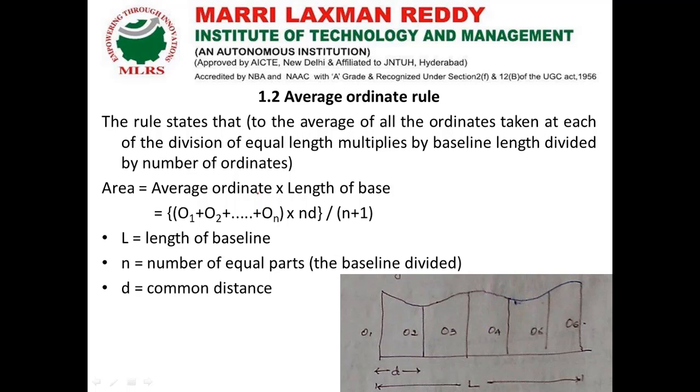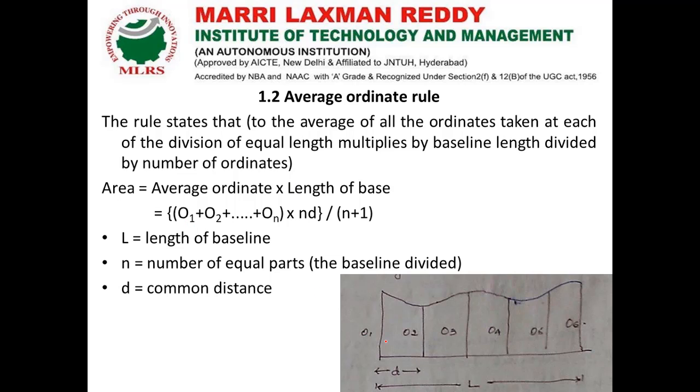Then the second rule is the average ordinate rule. This rule states that the average of all the ordinates taken at each division of equal length is multiplied by the base length, divided by the number of ordinates. So the formula becomes average ordinate multiplied by length of base.